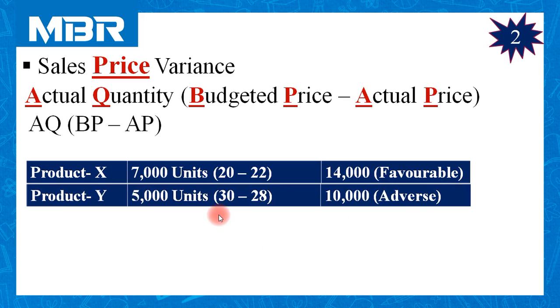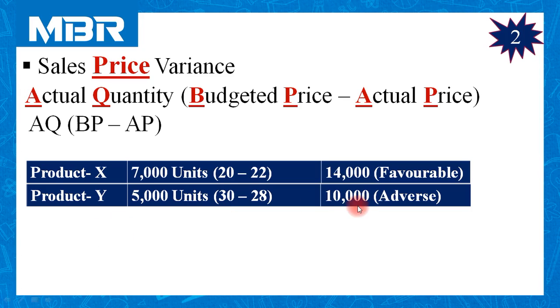Product Y, 5,000 units, actual quantity sold by the company. Estimated or budgeted price is rupees 30, but the company is able to recover rupees 28 per unit only. So in this case, the company is suffering a loss, a decrease of rupees 2 in selling price per unit.